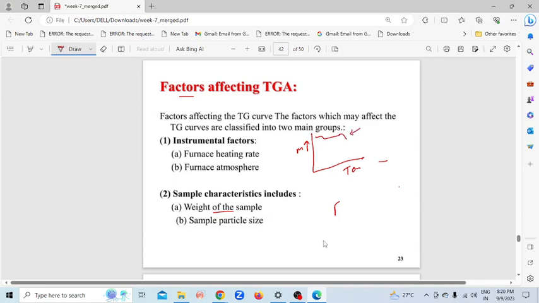Suppose you are taking a very small 1 mg sample, but if you take a 10 mg sample, it will provide a little more accurate result. So you can analyze this transition more accurately if the sample is larger, but if the sample is very large, it will also not measure accurately because it will give many steps, and your curve will look like that. So it will not give an accurate result. That's why optimization of sample weight is also very important.